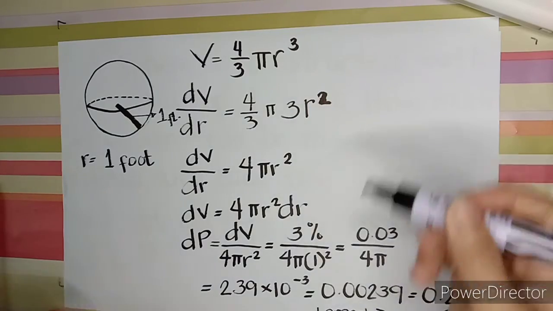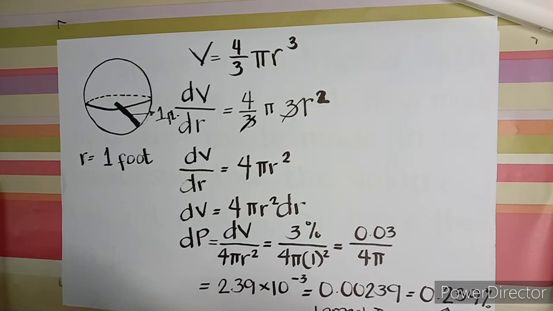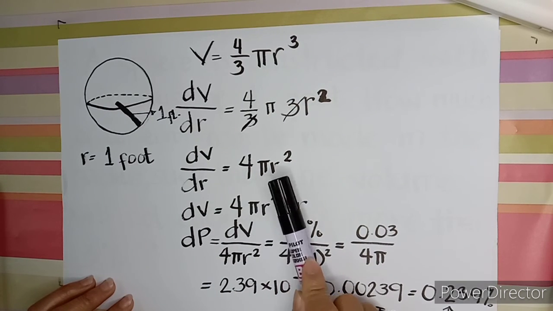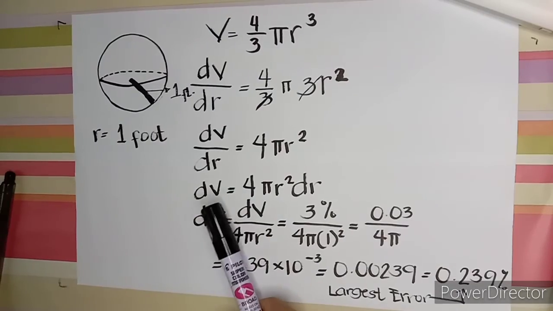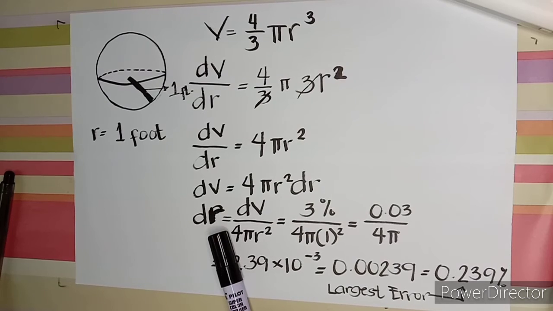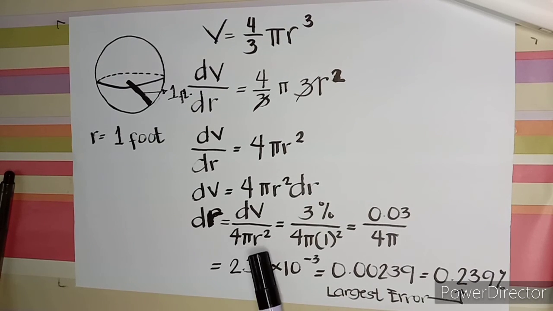So let us cancel this one. The result will be 4 pi r squared. So our dV is equal to 4 pi r squared dr. So our dr is equal to dV over 4 pi r squared.